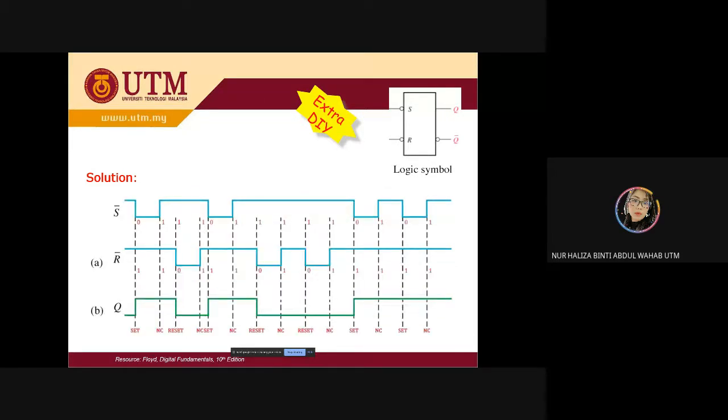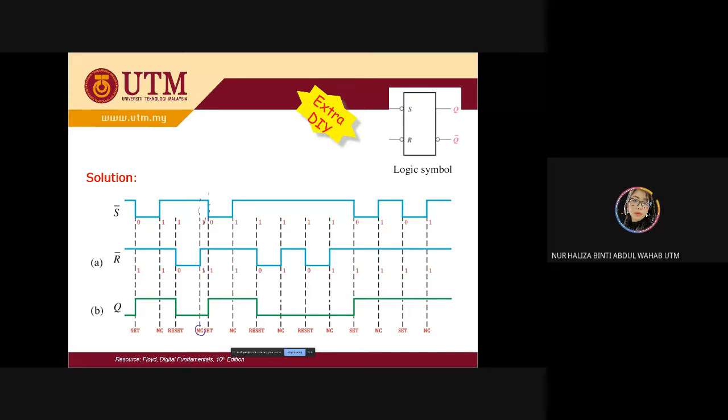This one is the solution. Just now, you had set, no change, reset, and so on, which is similar. Now, at this example, you can see the solution shows that you need to draw this dotted line also, which is no change for 1 and 1.